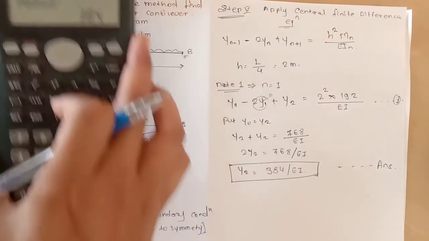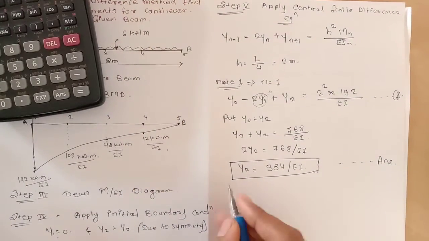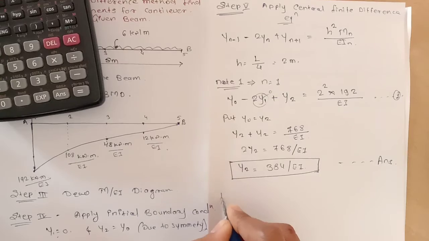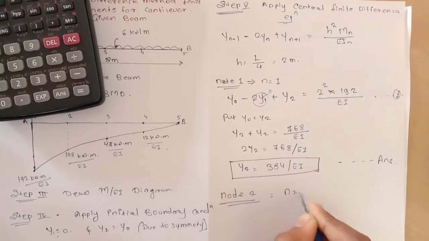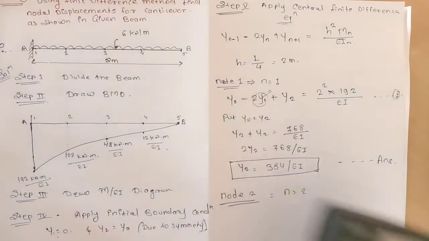Then next, take the second nodal point. That means n is equal to 2.